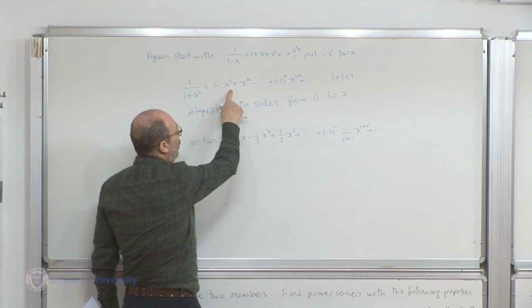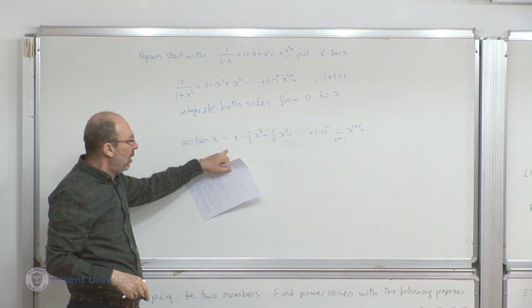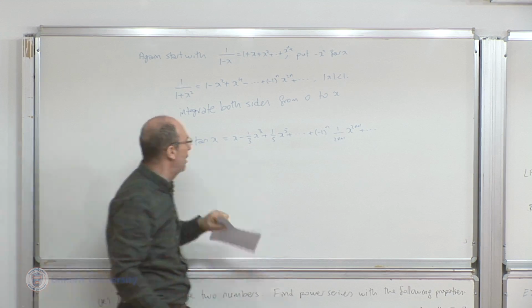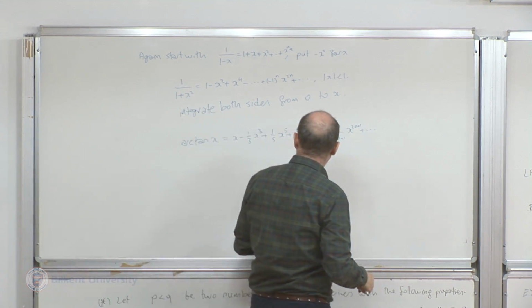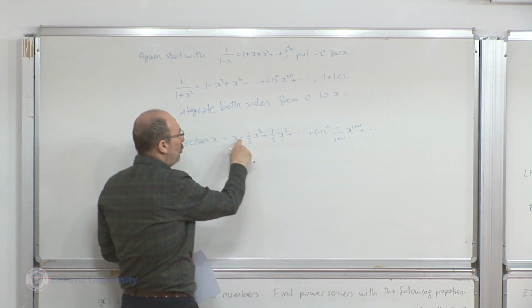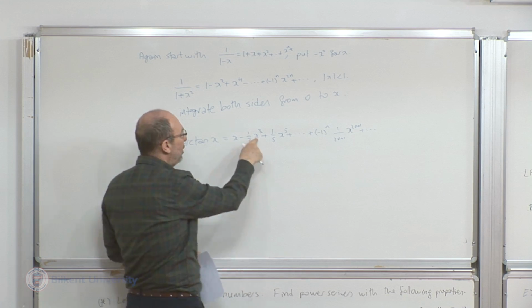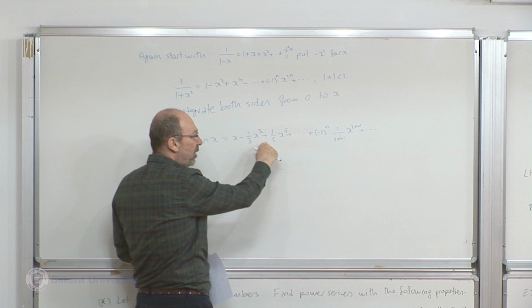Even though this converges only on the interior, after you integrate, this converges at the endpoints also. Because at the endpoints, if you put x equals 1, this is an alternating series. If you put x equals -1, then the signs are all shifted.